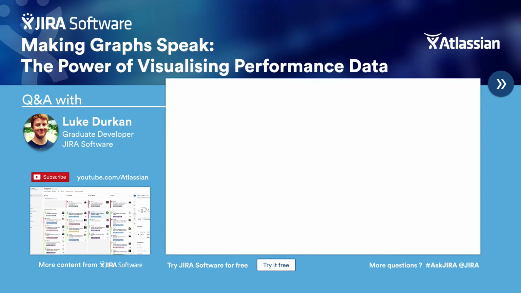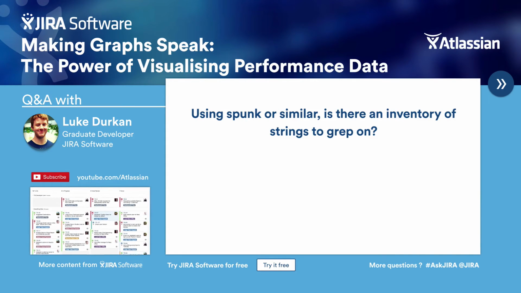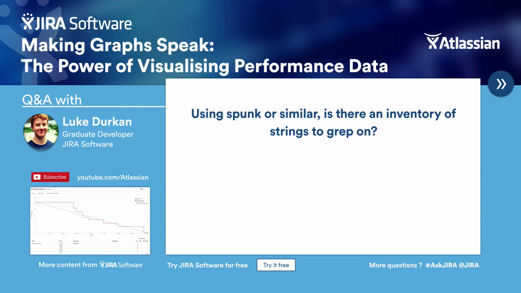Okay, let's move to the next one. Using Splunk or similar is an inventory of strings to grep on. Okay, I'm not entirely sure of the question, but okay, sorry, I think I get it.